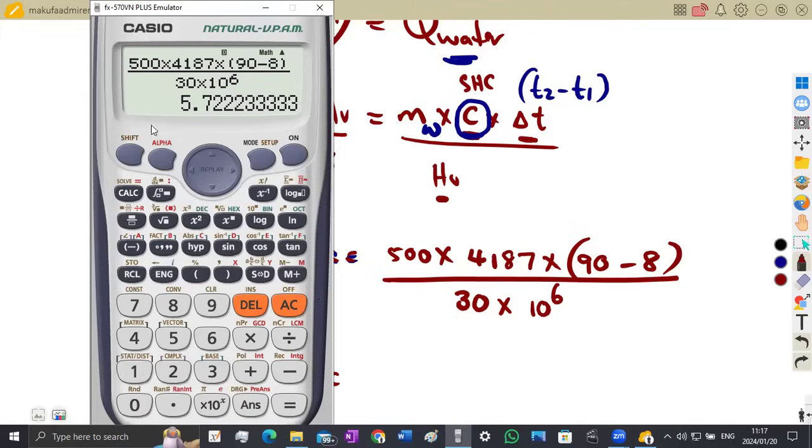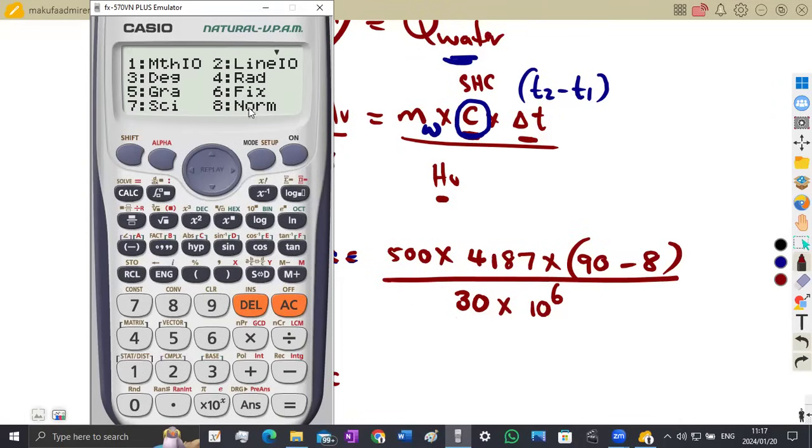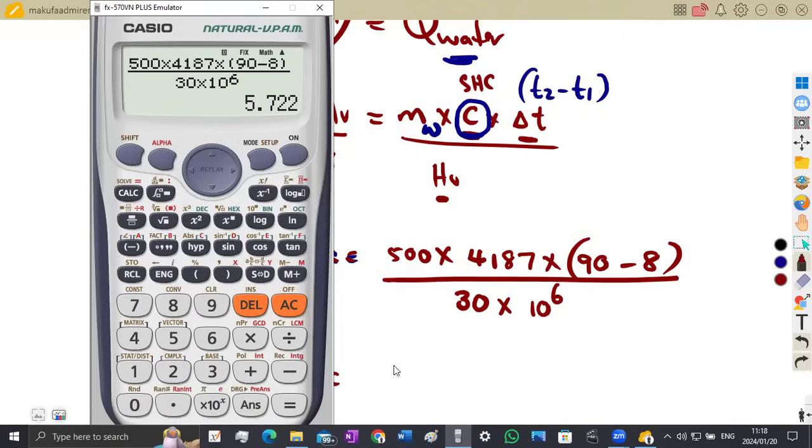You can even round off to 3 decimal places directly on your calculator: shift, set up, then fix, press 6 for 3 decimal places. Your answer is going to be 5,722.